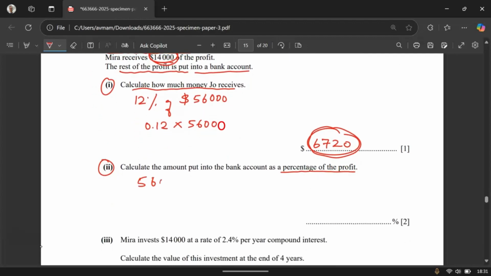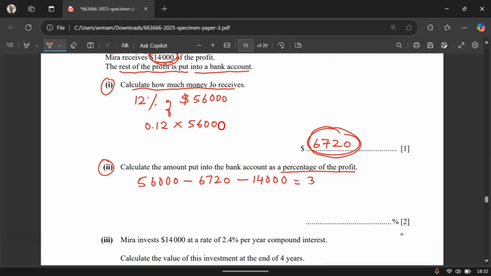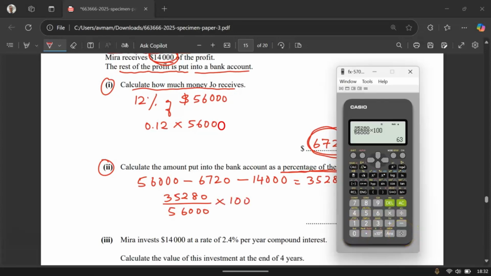So 56,000 minus 6,720 minus Mira's amount 14,000, that will give us 35,280. Now to write as a percentage of the profit, we set up the proportion 35,280 over the original amount 56,000 times by 100, and that gives us 63%.